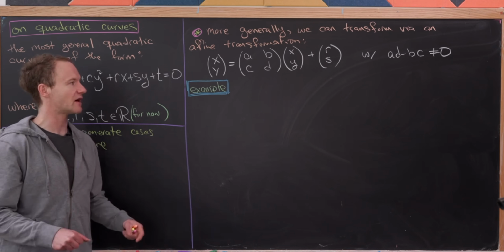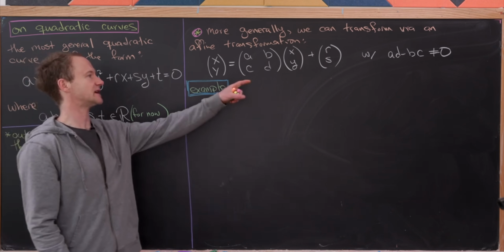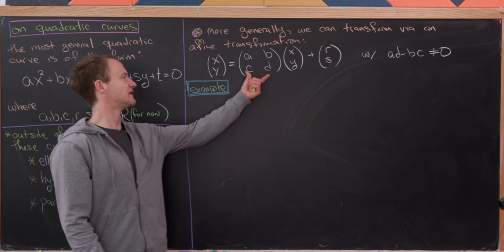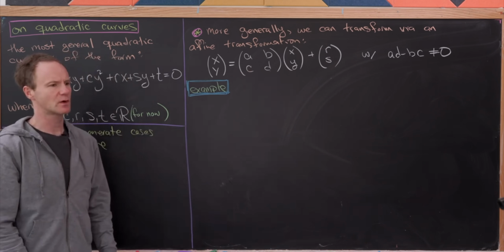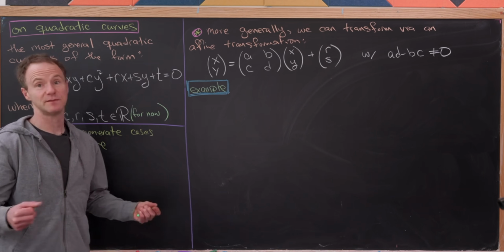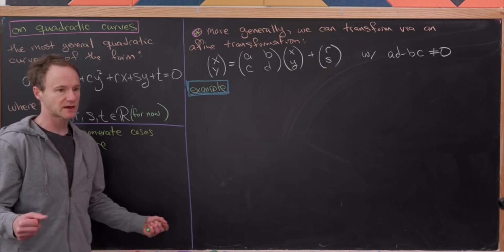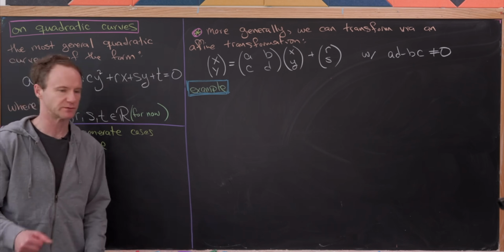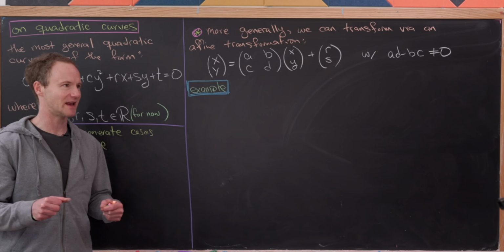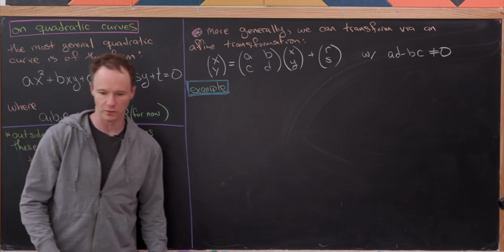And I'd like to point out here that AD minus BC cannot be 0. That's the determinant of this 2 by 2 matrix. We want this matrix to be invertible, because if it's invertible, then this transformation is reversible and it's not information destroying, if you will.